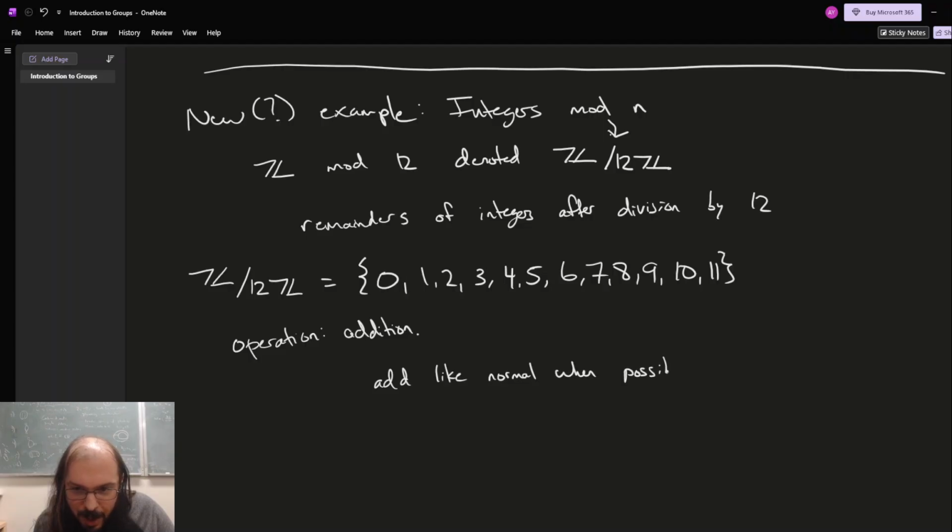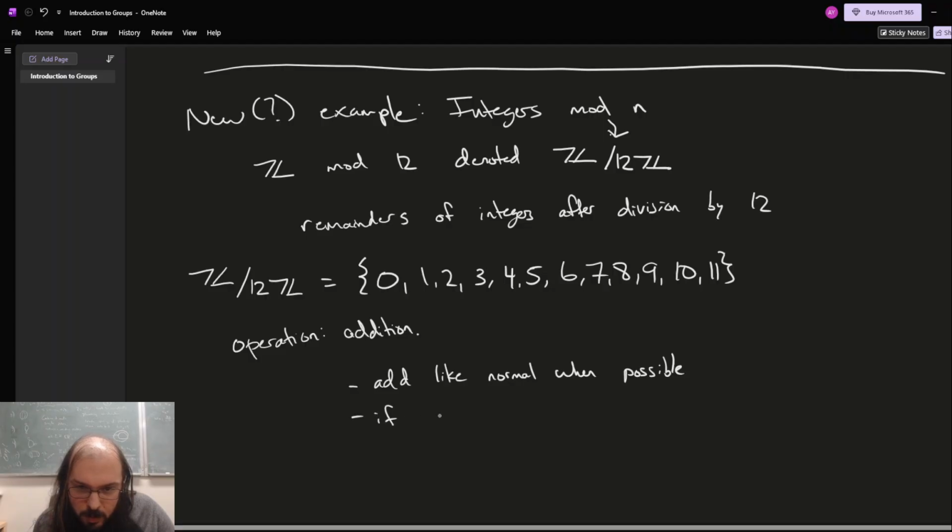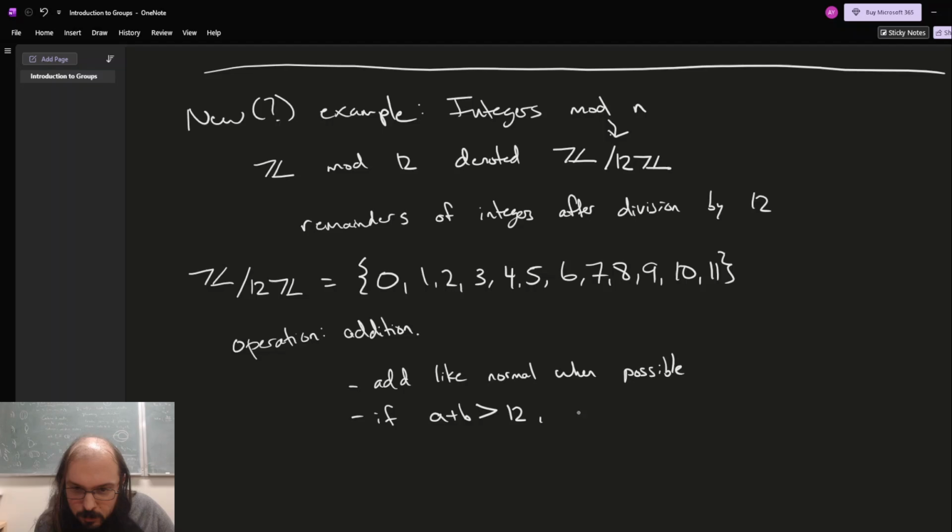What about when you add them and they're too big? In other words, you don't land in this set anymore. If, let's call them A and B, if A plus B becomes more than 12, do the division. Get the remainder, that becomes the answer.